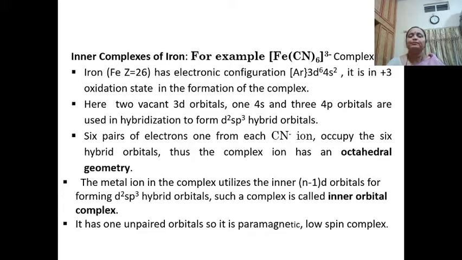Now, 6 pairs of electrons, one from each cyanide ion, will occupy the hybrid orbitals directed in an octahedral geometry. In the formation of hexacyanoferrate 3 complex, as it is using n-1 d orbitals, it is going to be an inner orbital complex, and in this case it is having one unpaired electron, so it is paramagnetic and a low spin complex.